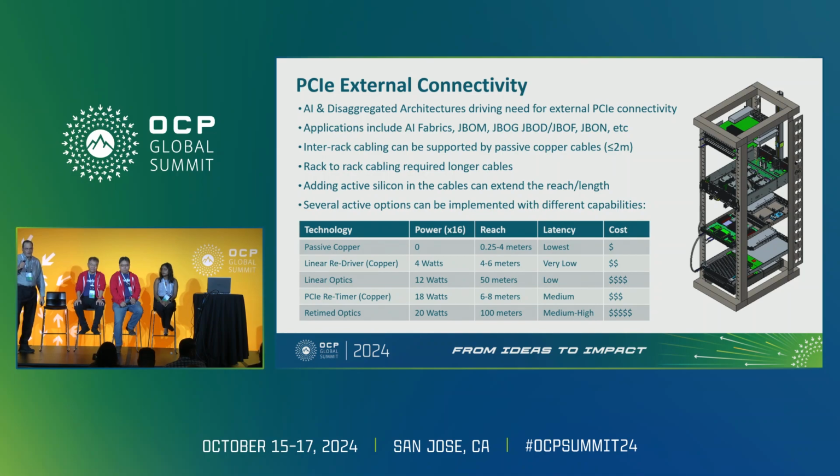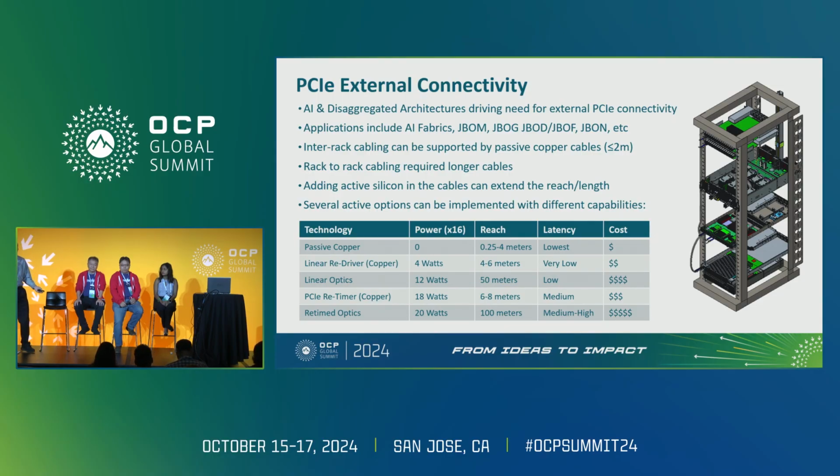There's several active options that we've looked at to solve that, from redrivers to retimers to active optical linear optics as well as retimed optics. We've focused more on the linear redrivers. It has the lowest power increase over the passive cables.